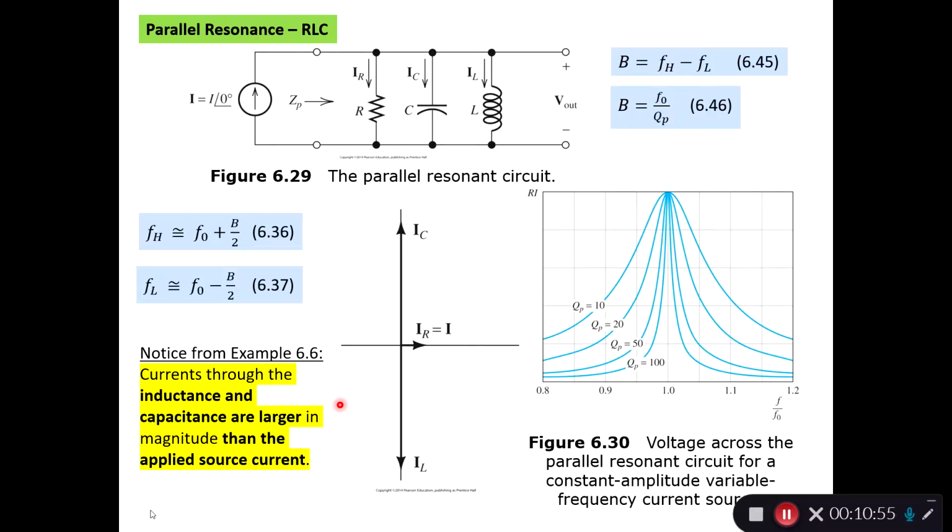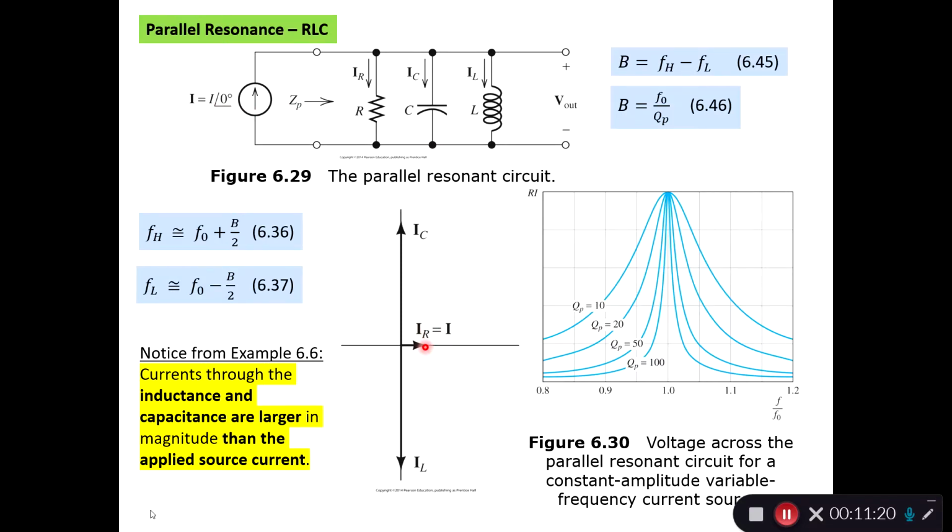Something we have to notice is that because we use a current source, the current through the inductor and the capacitor is Q times bigger than the current in the resistance, and that's actually the source current.